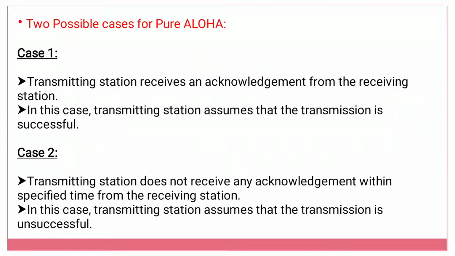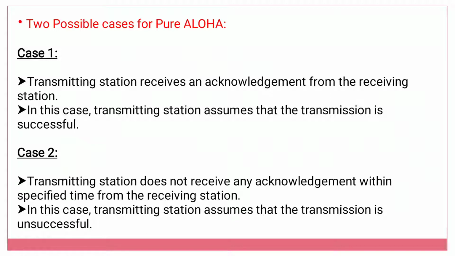The other case is unsuccessful transmission. If within the specified time the acknowledgement is not received from the receiving station, then the transmitting station assumes that the transmission is unsuccessful.